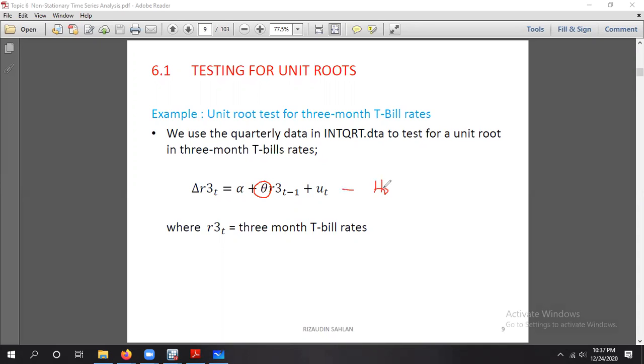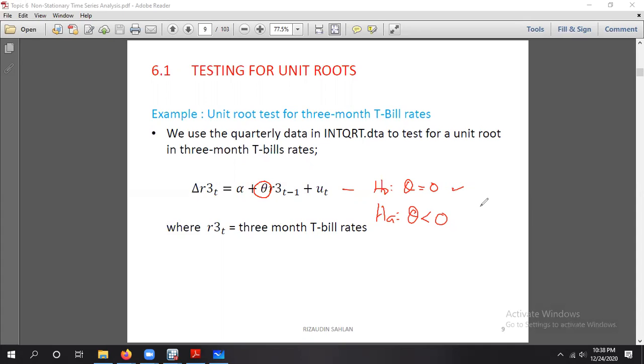Our hypothesis is H0: theta equals 0, and HA: theta is less than 0. Under H0, the unit root exists, or the data is non-stationary. The alternative is that the unit root does not exist, or our data is stationary.